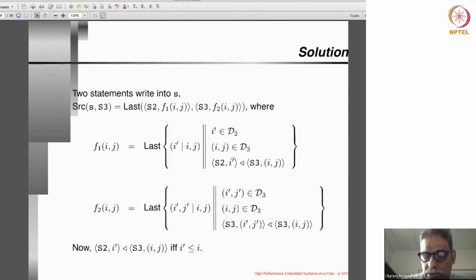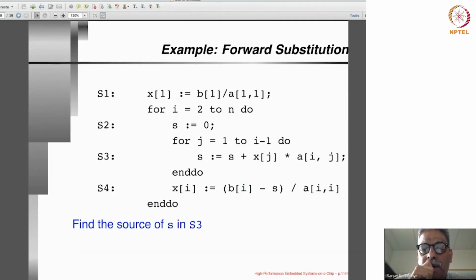All right. There are two statements that write into this. S2 and S3 both write into this variable S, and there are therefore two candidates. My answer could be either S2 or S3. Which of it actually ends up being comes later, and it depends on the program execution order as I solve the problem.